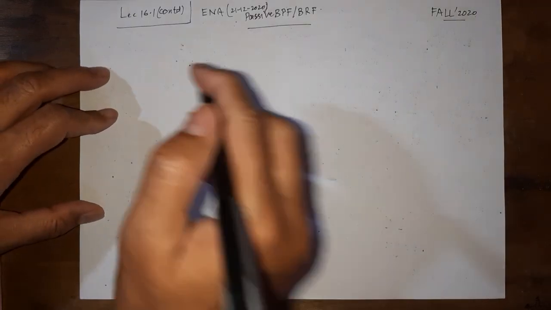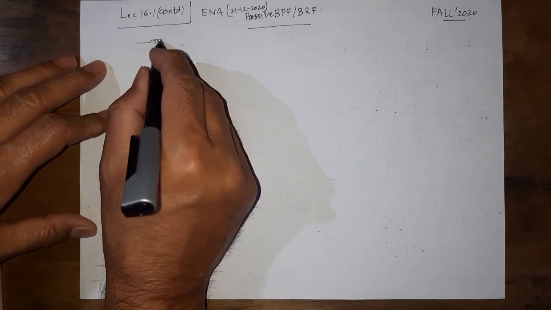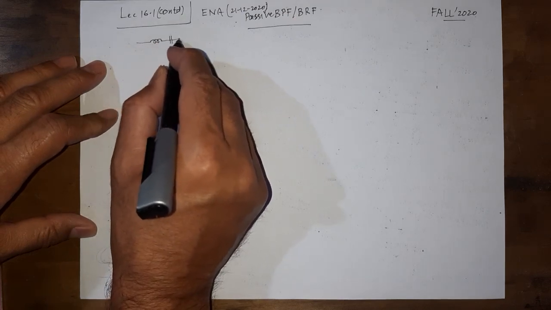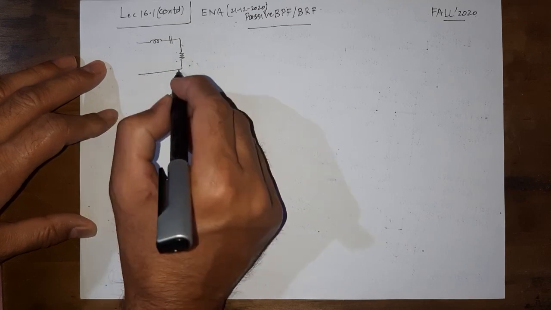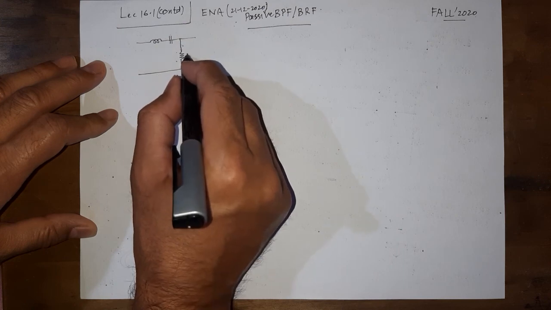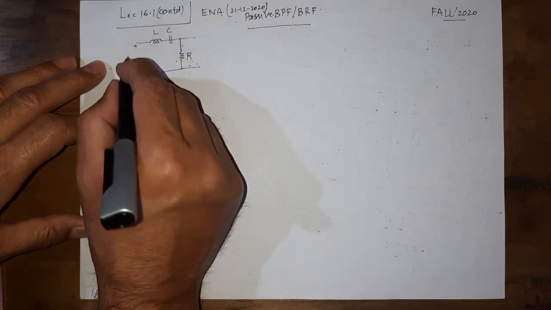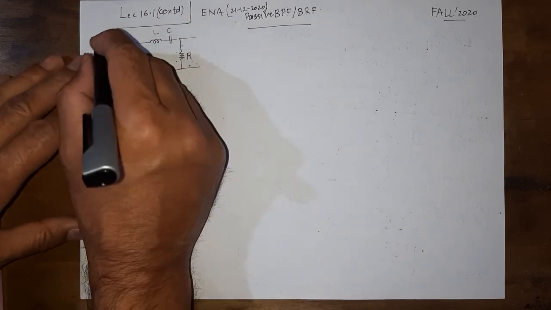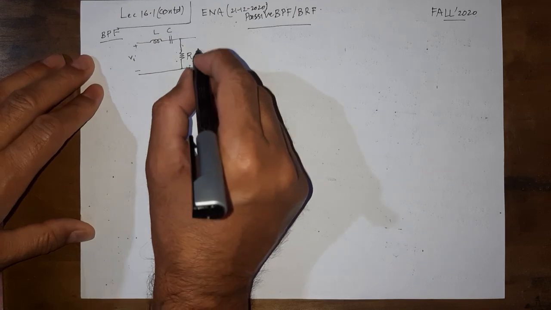This RLC circuit, with an L and C here and the output across R, is a band pass filter. So we are looking at a passive band pass filter.